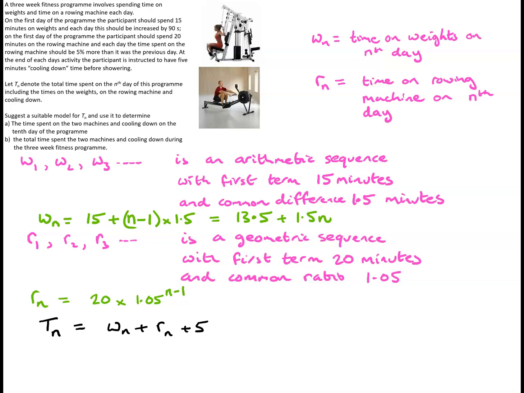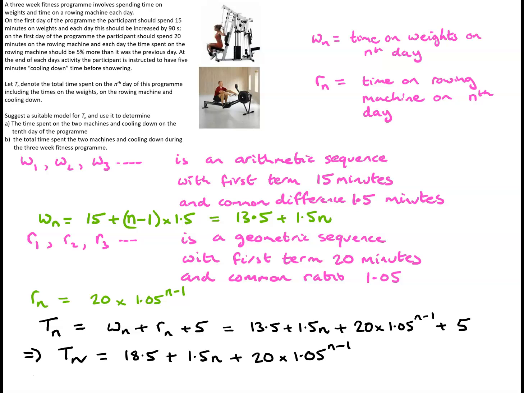So we've got Tn is given by Wn plus Rn plus 5, which is 13.5 plus 1.5n plus 20 times 1.05 to the n minus 1 plus 5, which simplifies to 18.5 plus 1.5n plus 20 times 1.05 to the n minus 1. And we can immediately now calculate that the time spent in the gym on the 10th day is going to be 64.5 minutes.